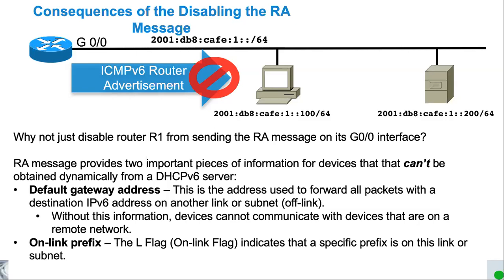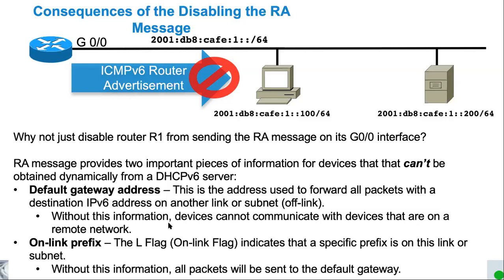The other thing is that in the router advertisement message is the L flag, the on-link flag, and a prefix. So the prefix in the router advertisement with the L flag tells the device, hey, this is the network you are on. It can get an address from a stateful DHCPv6 server, but it doesn't know whether that address is on its link or not.